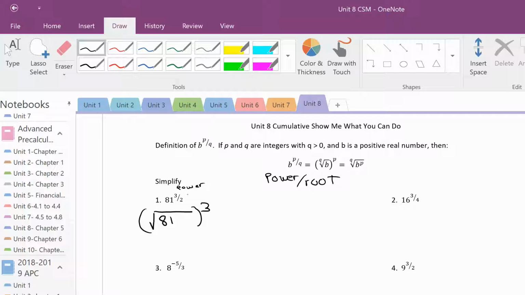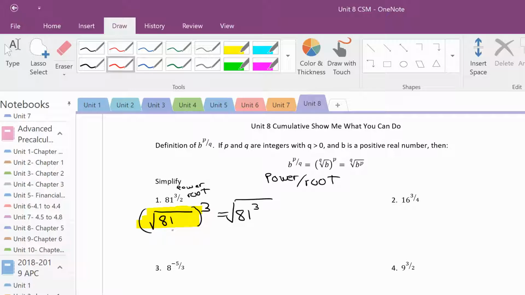So we go power over root. You can write it either way. You could take the square root of 81 and then to the third power, or you could go 81 to the third square root. However, the numbers are a lot easier to deal with if you do it this way as opposed to the other way. So that's what I usually like to do.